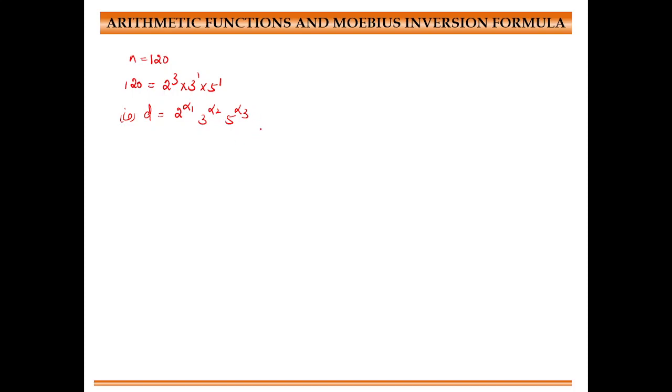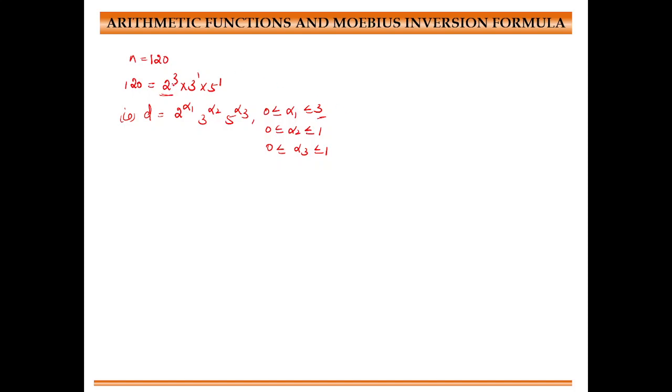but with the condition that 0 less than or equal to alpha 1 less than or equal to 3, 0 less than or equal to alpha 2 less than or equal to 1, 0 less than or equal to alpha 3 less than or equal to 1. 3 is the power of the first prime number.